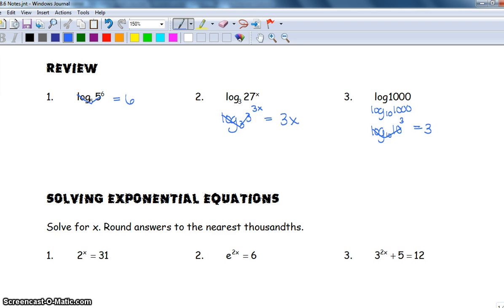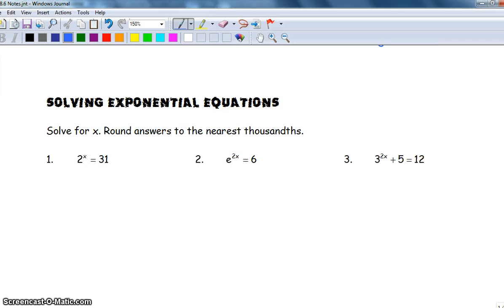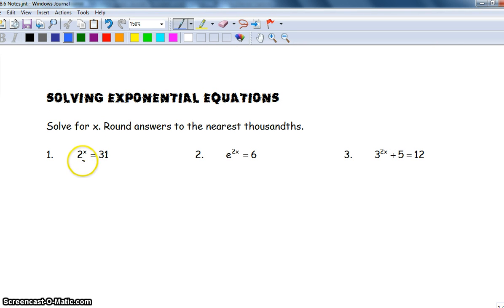This time we're not always going to have that base be the same like we did in the first few problems. So if I've got 2 raised to the x power is equal to 31, I can't rewrite 31 to have a base of 2, but I still need to get to that exponent of x. So what I want to do is get that 2 to cancel out. This is where I'm going to use the rules we just reviewed.